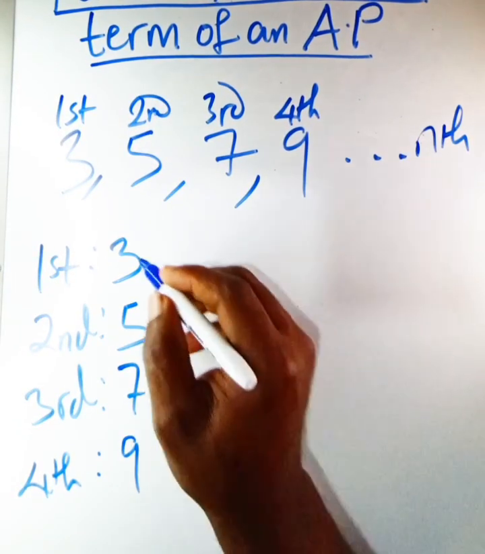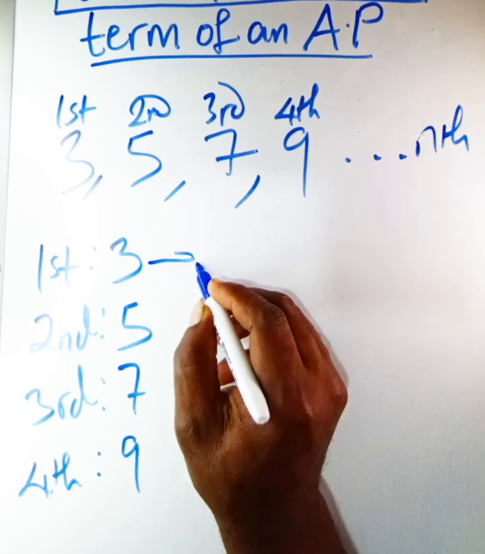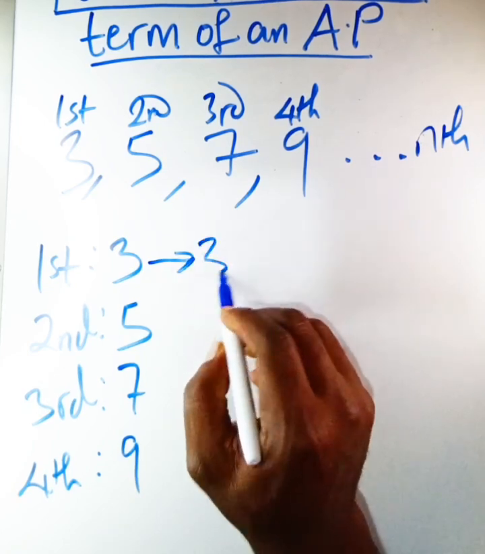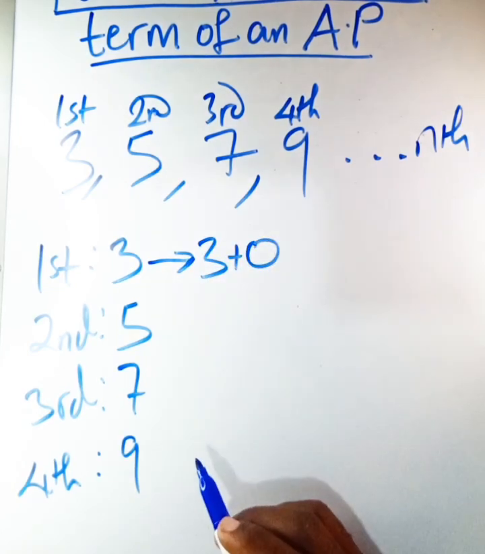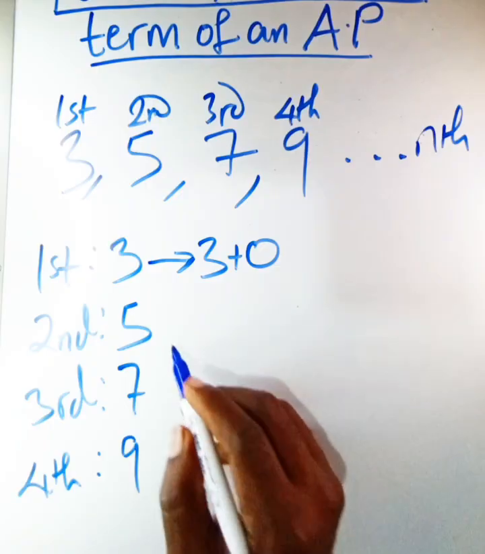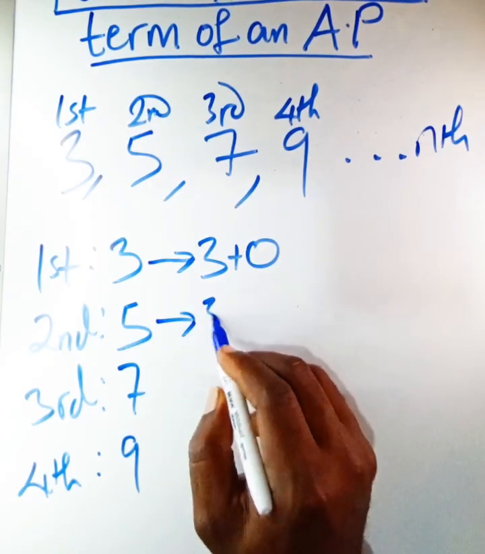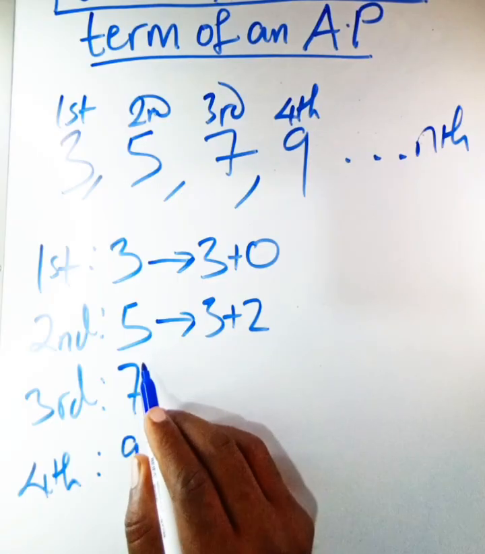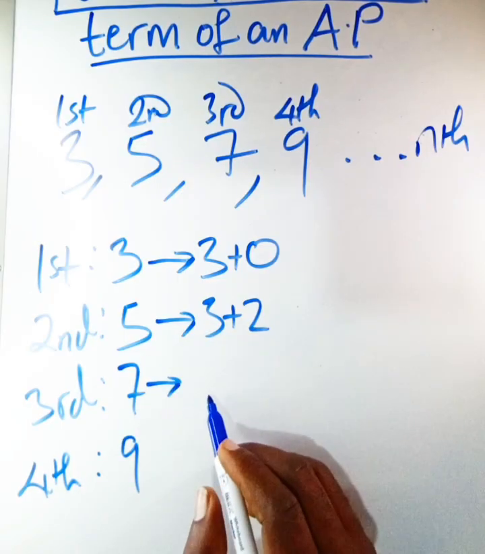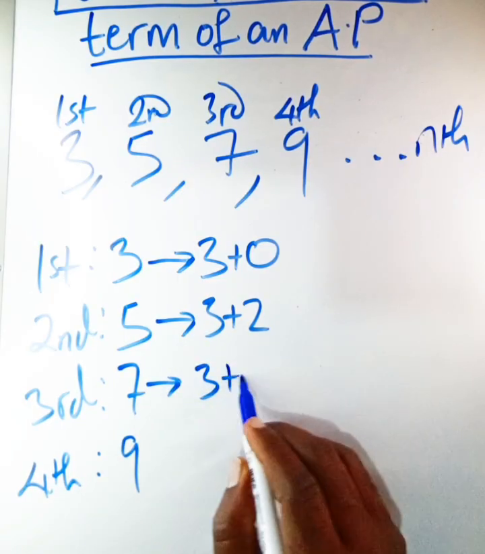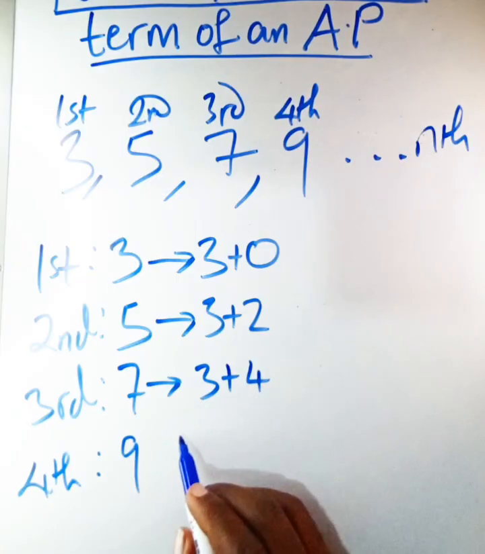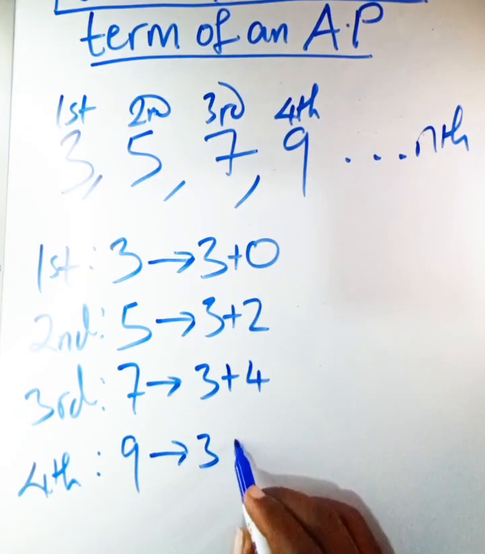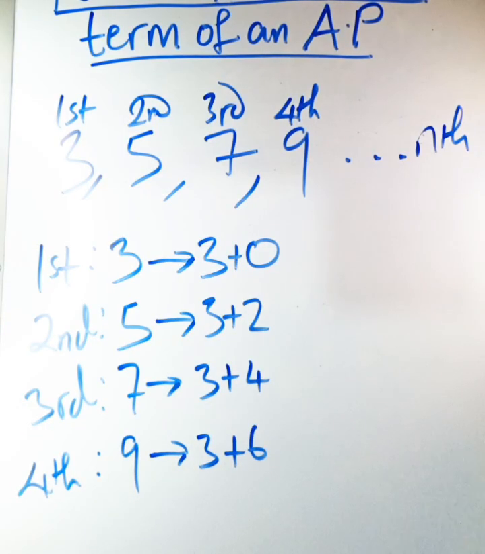Now, how did I get 3? Well, we could say that I got 3 by simply saying 3 plus 0. And how did I get to 5? Well, we got 5 by simply adding 2 to 3. Now, how did I get 7? Well, we got 7 when I simply added 4 to 3. And we got 9 when I added 6 to 3.